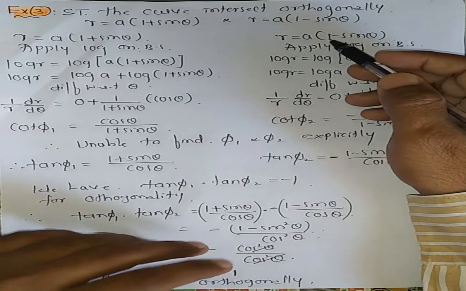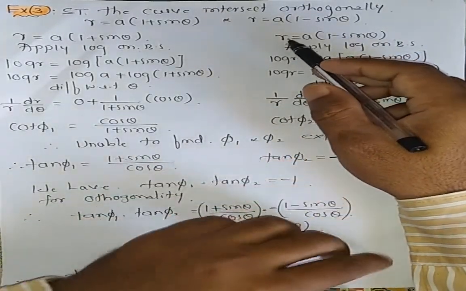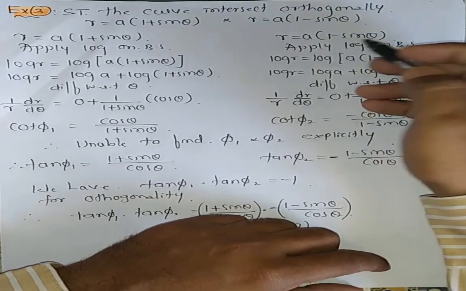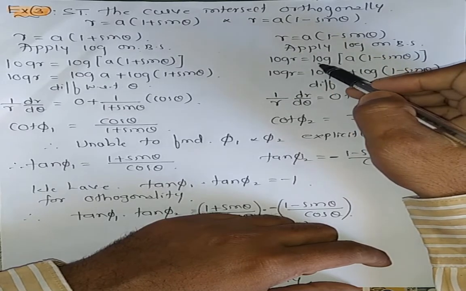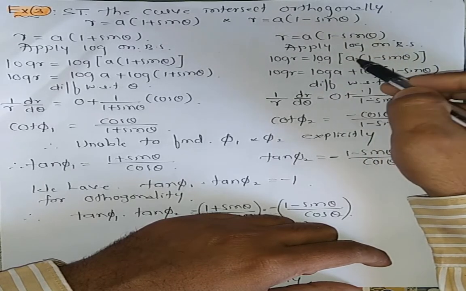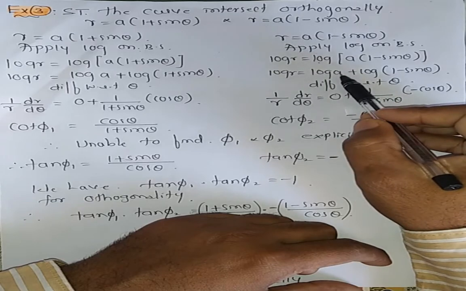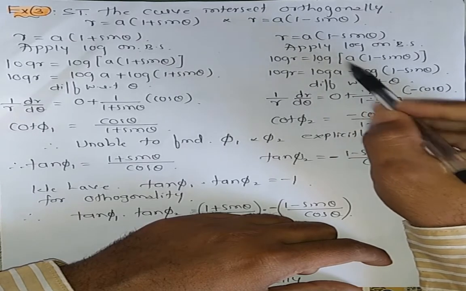Similarly, for the other curve, r = a(1 − sin θ), apply log on both sides. Log r as it is, log(mn) is log m plus log n.